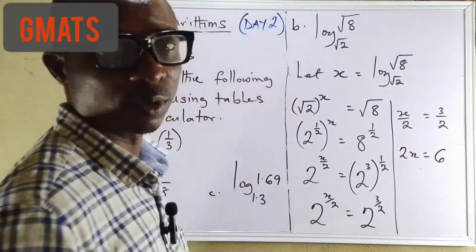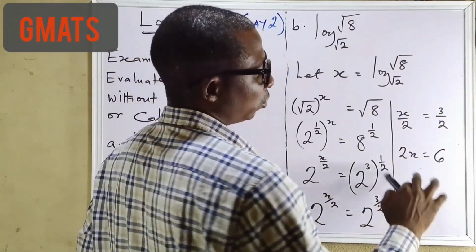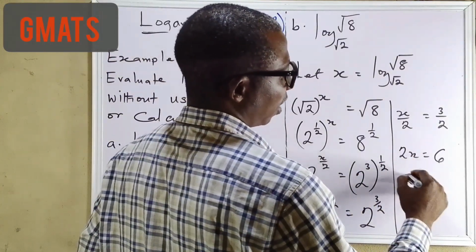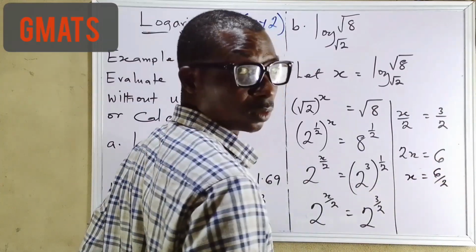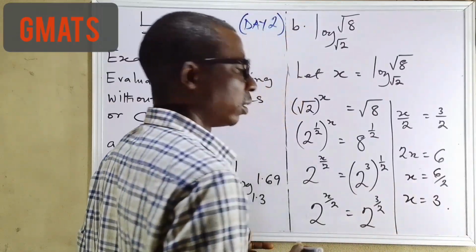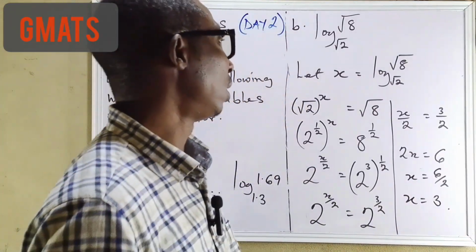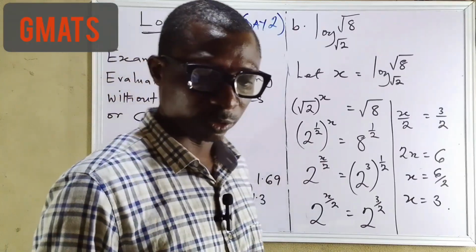So here you divide both sides by the coefficient of x. So you divide both sides by 2. When you divide this by 2, you have x. You divide this by 2, that's 6 over 2. So you have x = 3. And that is the answer to the second question. Now let's move to the third one.